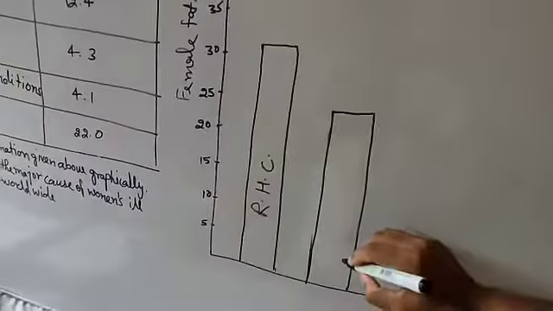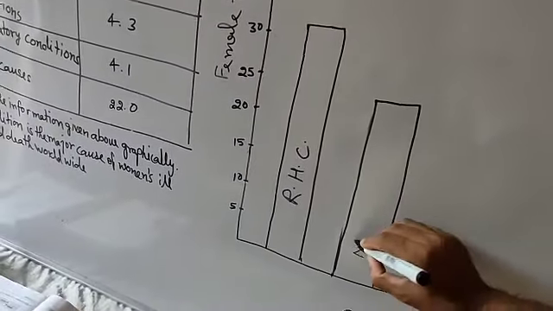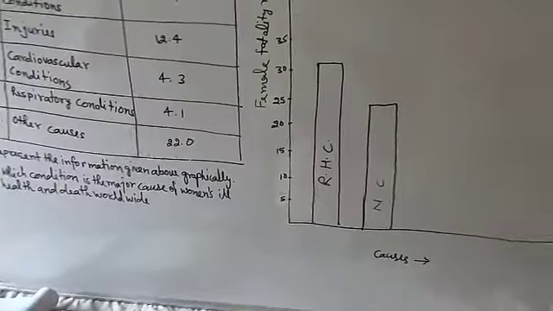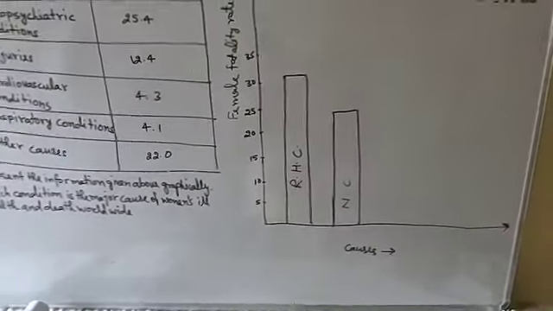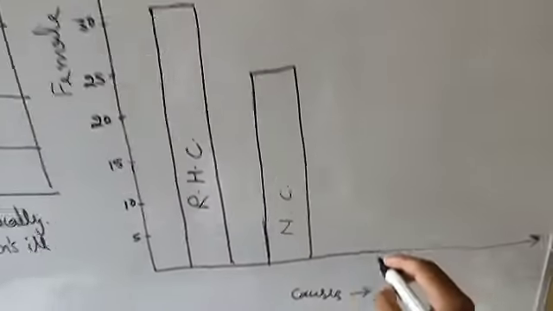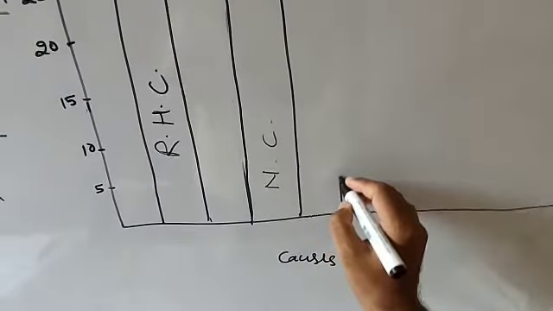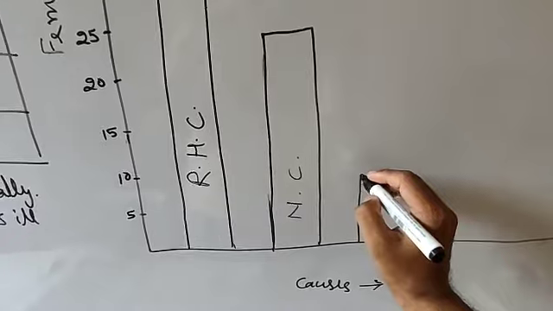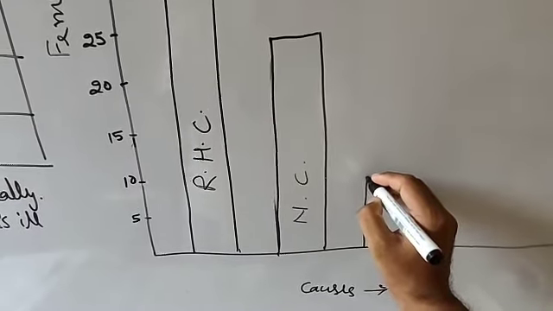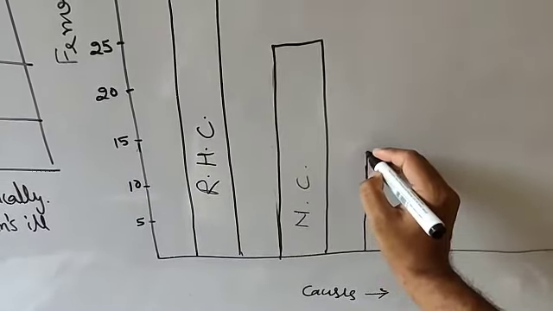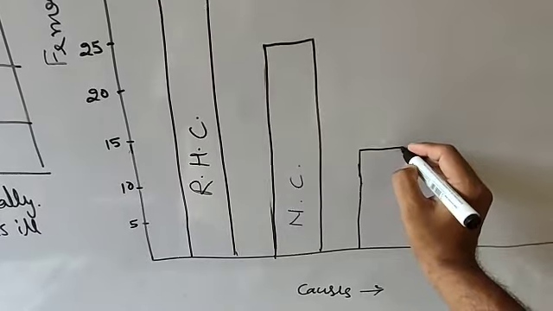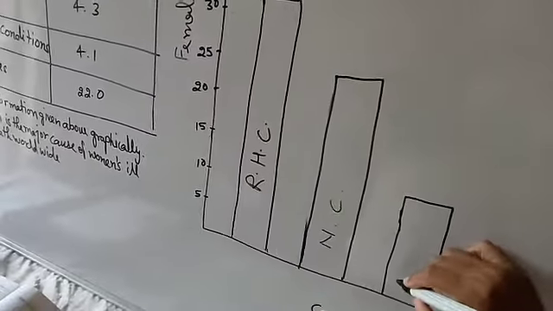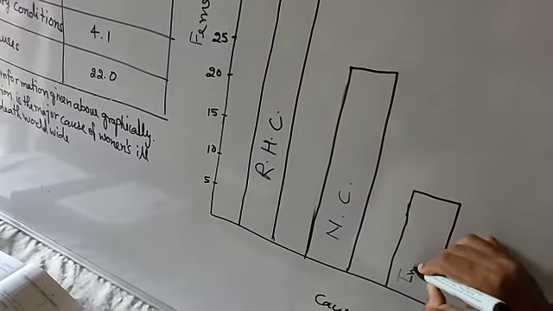So here I am going to write NC. In short I have written NC. Now the third one is injuries, that is 12.4. So again you will leave the space. Here it will be 10, and 4 small boxes above you will get 12, and for 12.4 you need to take the 5th small box. So that will be 12.4, and it is going to represent injuries.